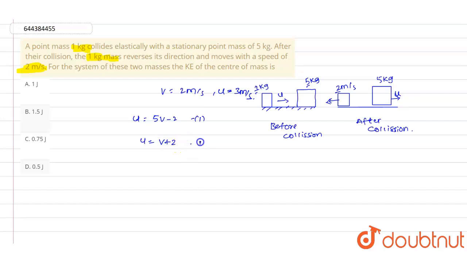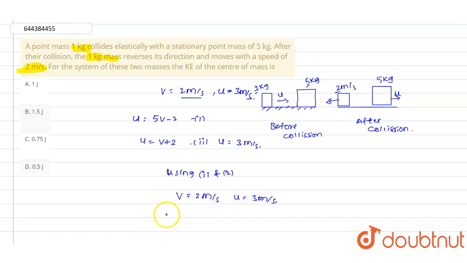Okay, so we have the v value as 2 meters per second. So as usual, u value will become 3 meters per second only. So by using both the equations 1 and 2, v value will be equals to 2 meters per second and value of the u will be equals to 3 meters per second.